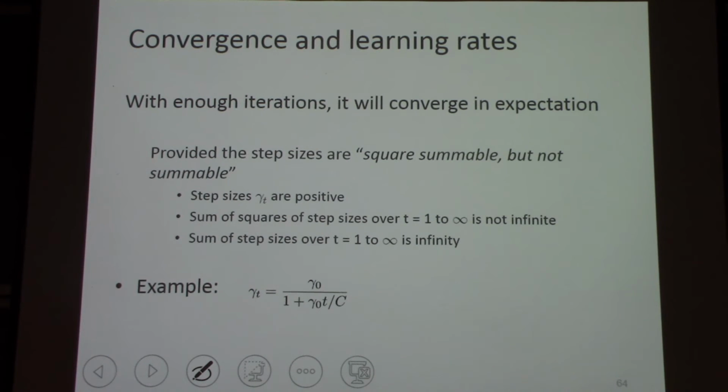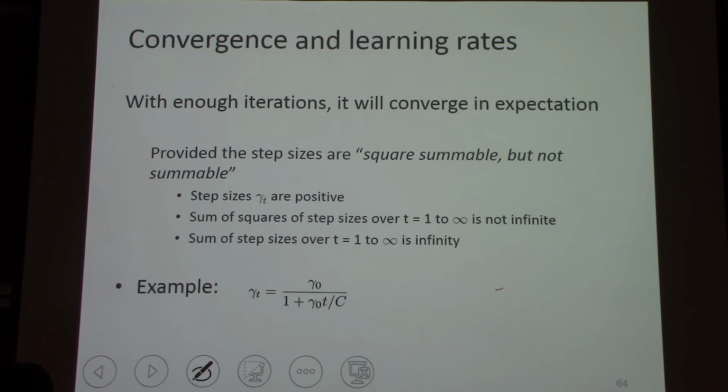If that confuses you, think of the step size gamma t as 1 over t. Always positive. In fact, if you want to avoid the infinities, let's make it 1 over t plus 1. Always positive. The sum over t is infinite. This series does not converge, but the sum of the squares converges.